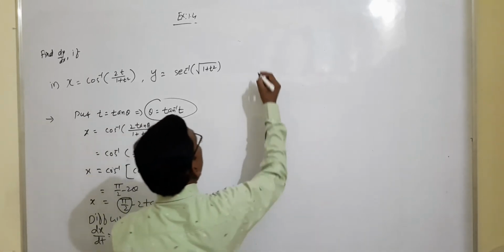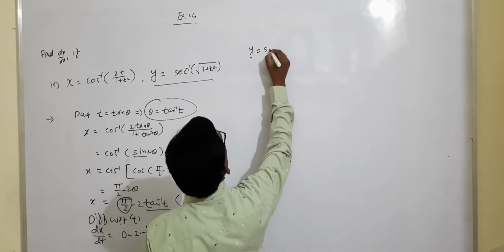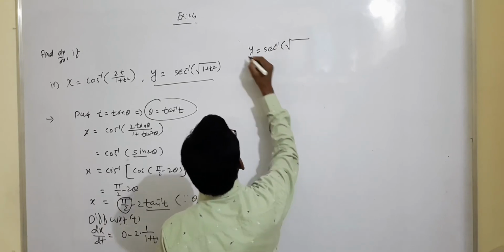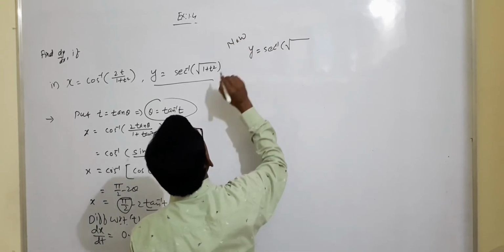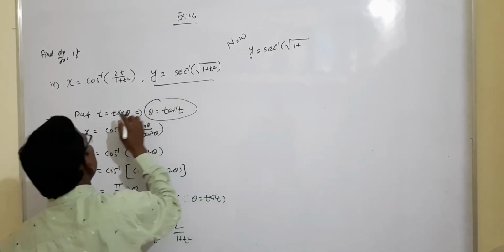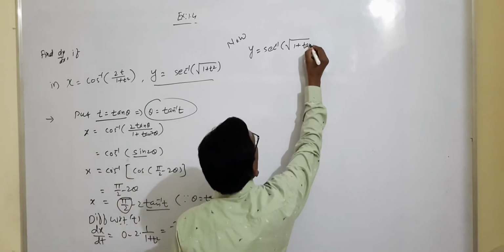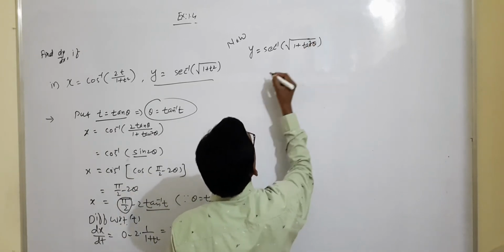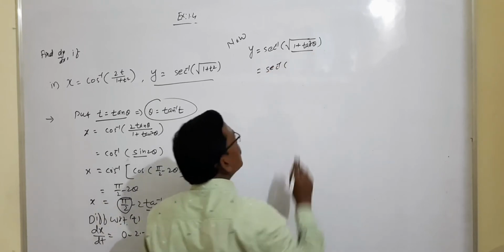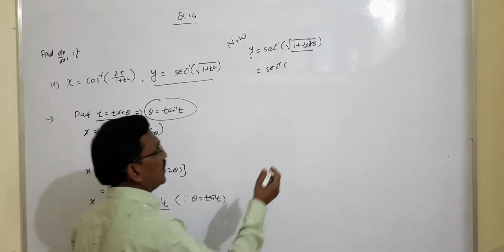Now we take this y equal to sec inverse of root of 1 plus t square. t means here it is tan theta, so 1 plus tan square theta, by using second identity, it is sec square theta.